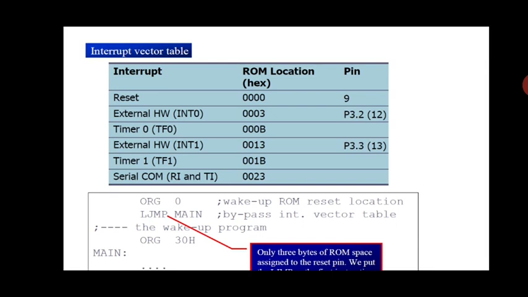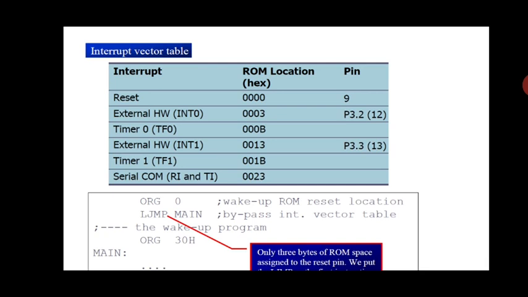You can verify this. Timer 0, TF0: what is the location? 00B. External hardware INT1: what is the location? 0013. Timer 1, TF1: 001B. Now serial COM, RI and TI: to check the RI bit and TI bit, which location? 0023.